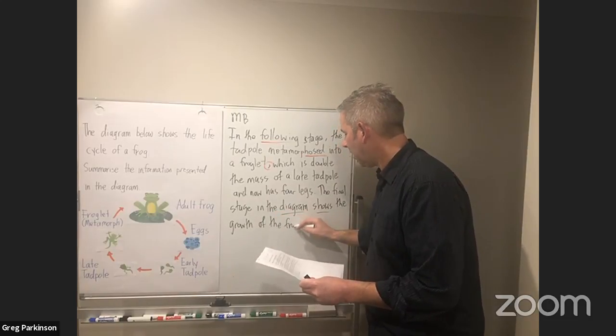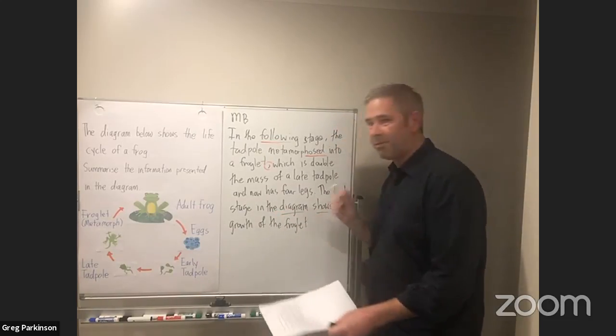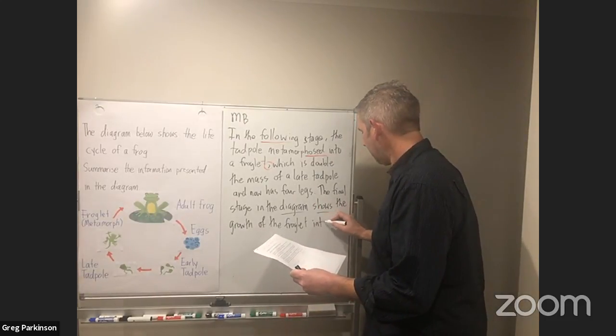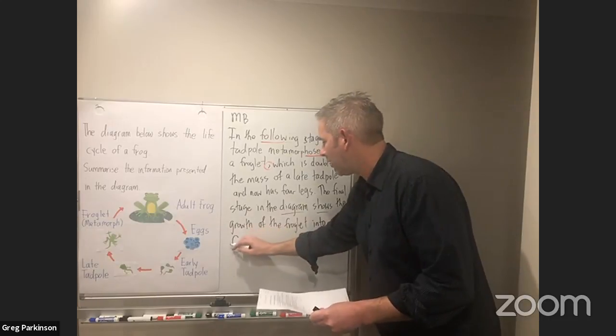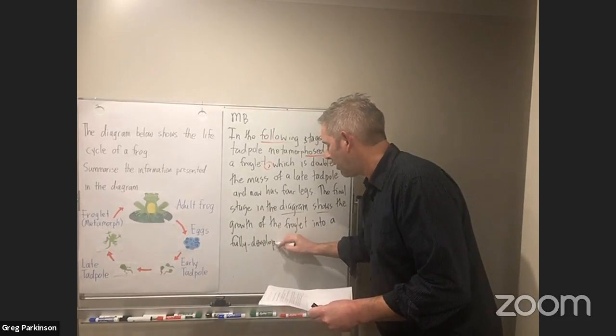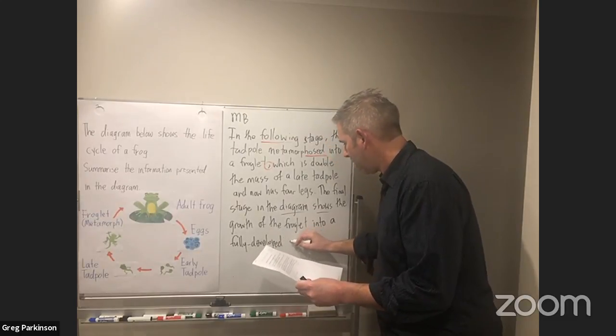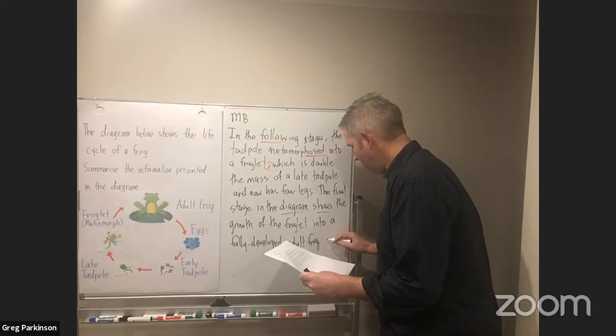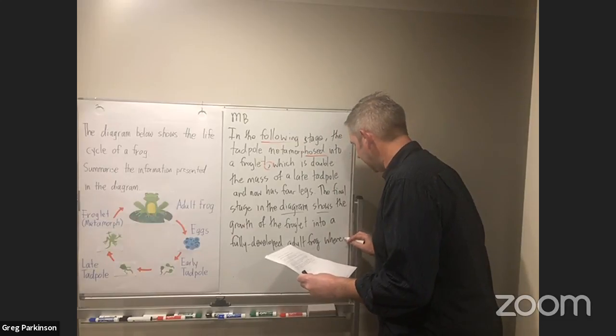And this is how I've linked froglet and adult frog together. Another complex sentence.